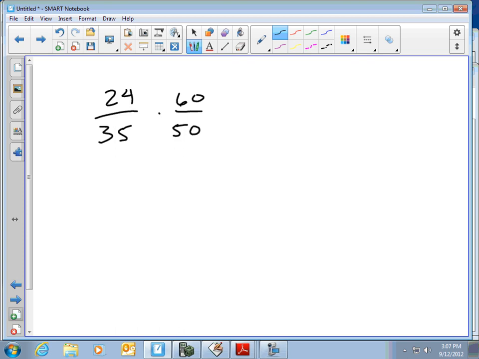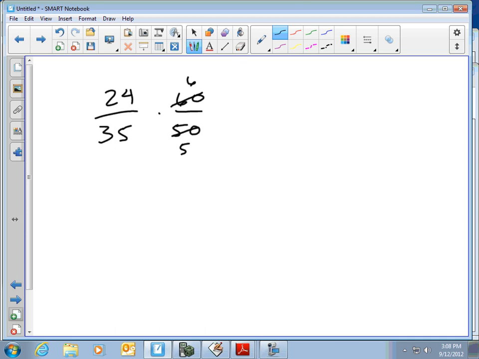So I'm going to reduce them and see if I can get them a little simpler before I multiply. So my first question I'm going to ask is there something that goes into either diagonally or vertically? And right away I notice the 60 and the 50. 60 and 50 are both divisible by 10. Goes into there 6 times, and 10 goes into there 5 times.